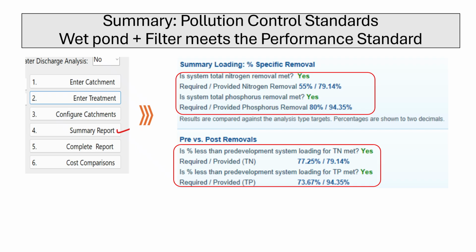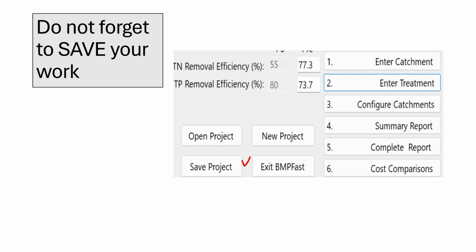It's also worth noting that while this combination works effectively, there are other treatment train options to consider, such as reducing directly connected impervious areas, incorporating permeable pavement, or utilizing green roofs, among others, to achieve similar or even better pollution control. Before you move on, or if you're stepping away, please remember to save your work. It's a good habit to save frequently to avoid losing any progress.